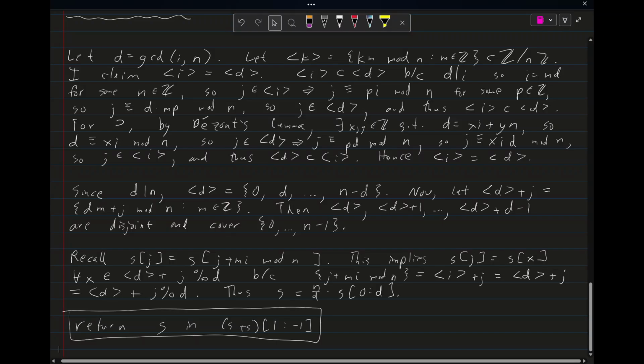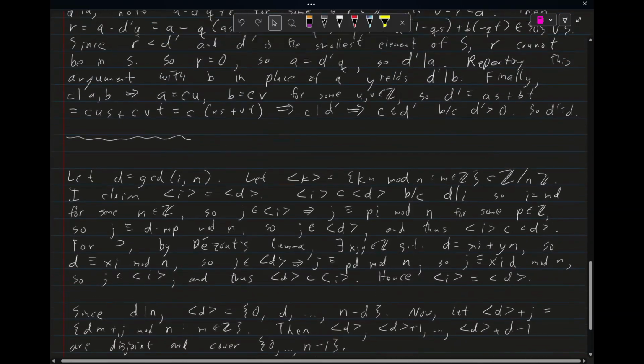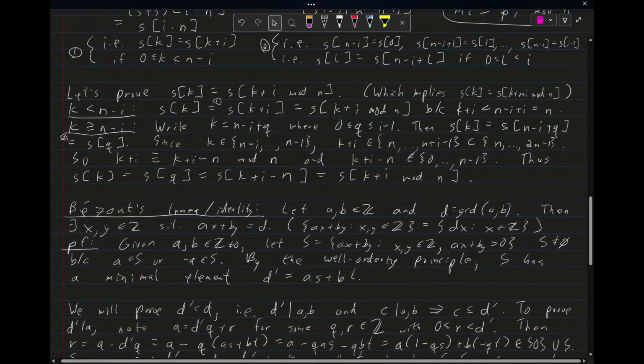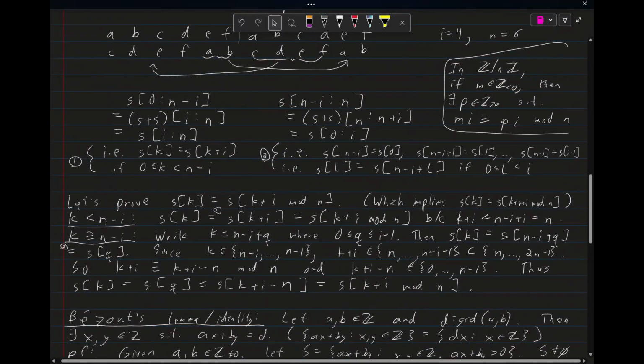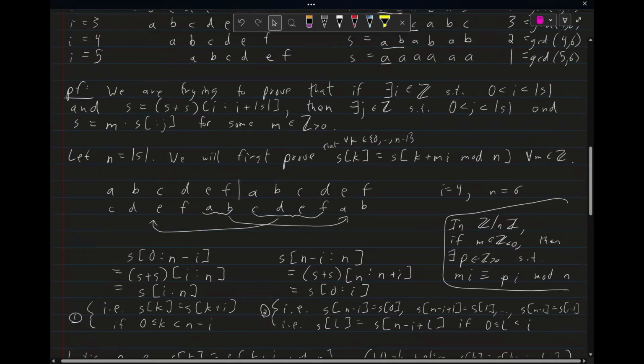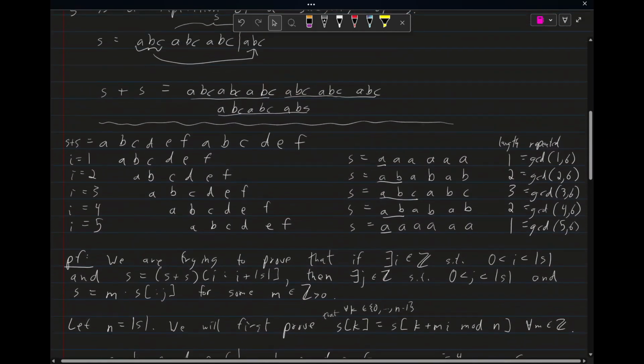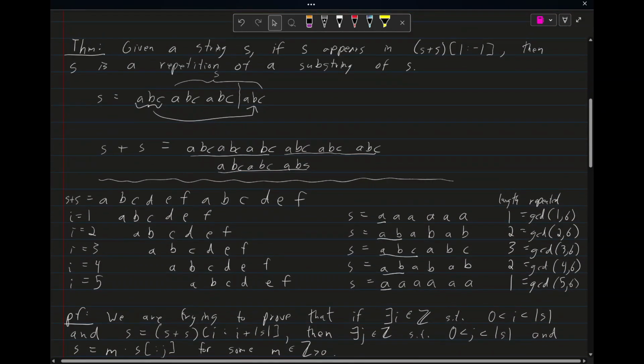But in order to prove that this actually works, we had to do all of this work. So I think that's pretty incredible that we were able to do this.